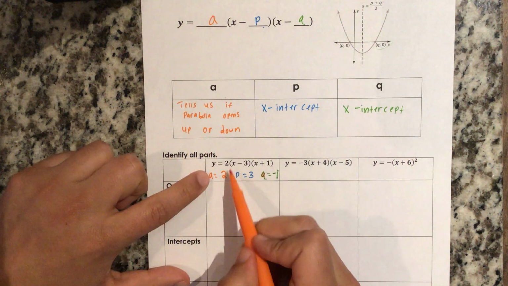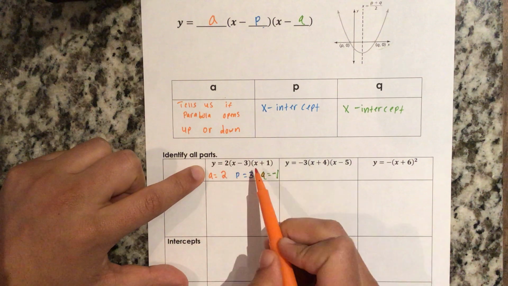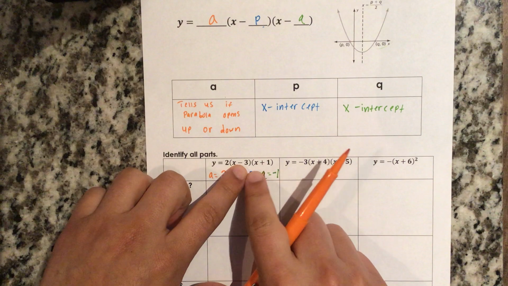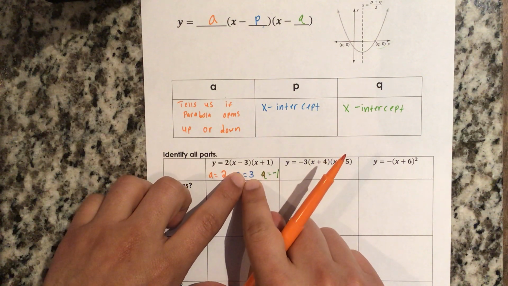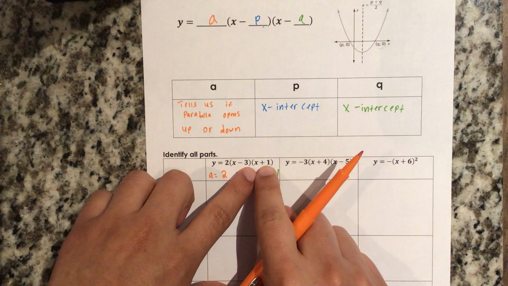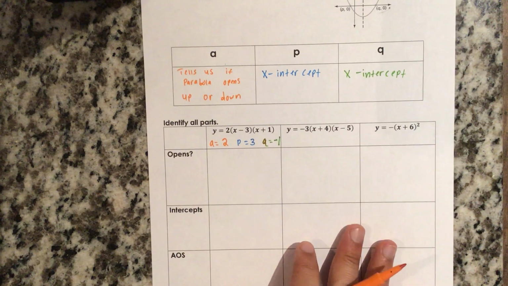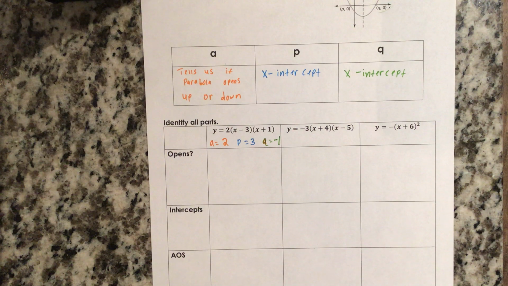Remember, the a is whatever's in front. That one's easy. P and q are the opposite signs of what's in here. So if in here I had -3, it's +3. If in here I had +1, down here it's -1. That's about it. Now the way it opens, these are the rules.